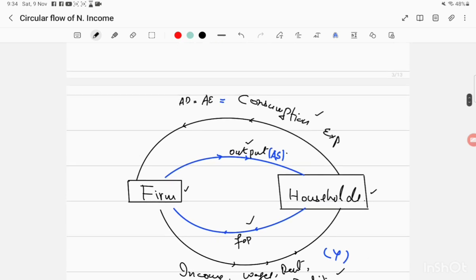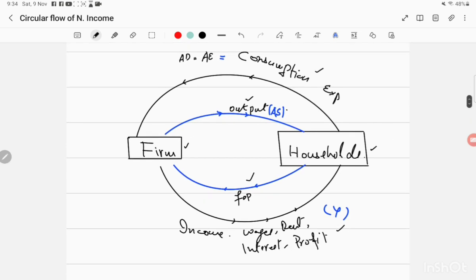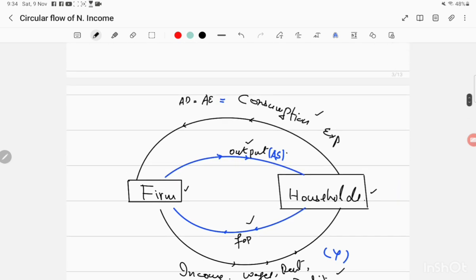Now, what are the expenditures? Whatever the income is earned by the household, that is spent, that is called aggregate demand or aggregate expenditure. So the first part of aggregate expenditure, that is the consumption by the households. So all income is spent, therefore income of the household, that is the expenditure of the firm in the form of cost of production, whereas the expenditures of the households in the form of consumption, that is the revenue of the firm.